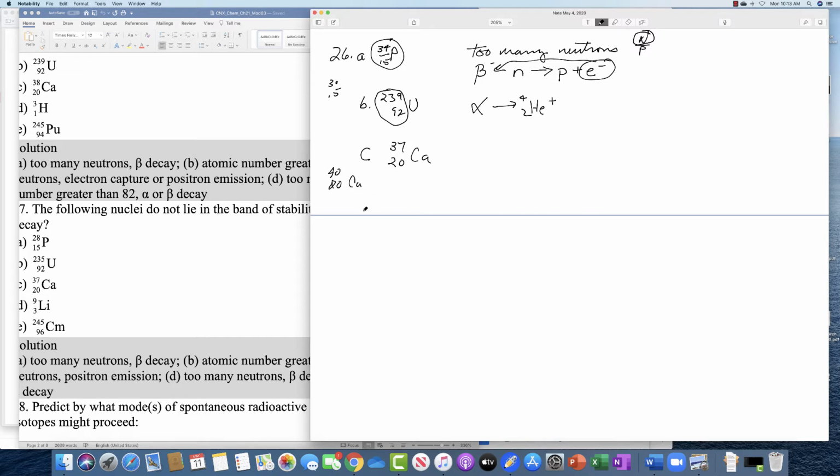As it turns out, when you have too few, what you go for is what's called positron emission. A positron is an electron with no weight and a positive charge. Let me read it here for you.